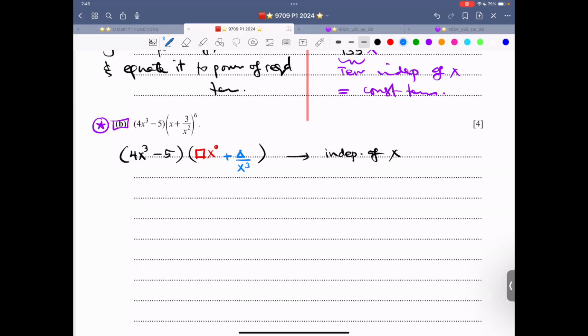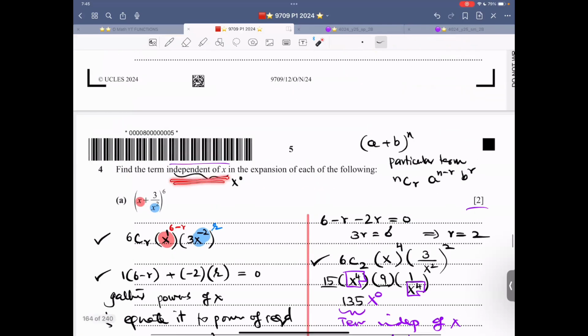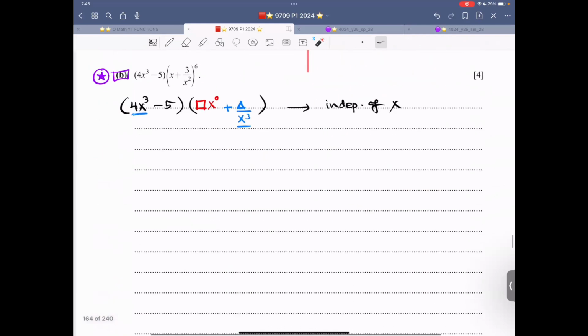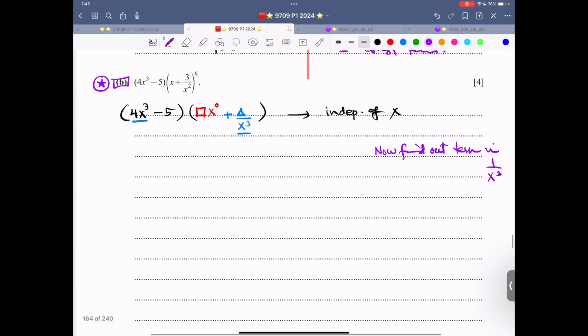Got the idea? This x cube should be multiplying with this so that the x cube and the x cube cancels out. This constant should be multiplying with this. So we already have the constant term. What else do we need? Now find out the term in 1 over x cube, x raised to power of negative 3.